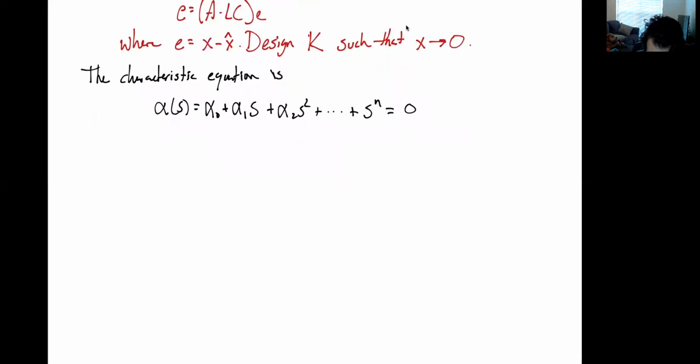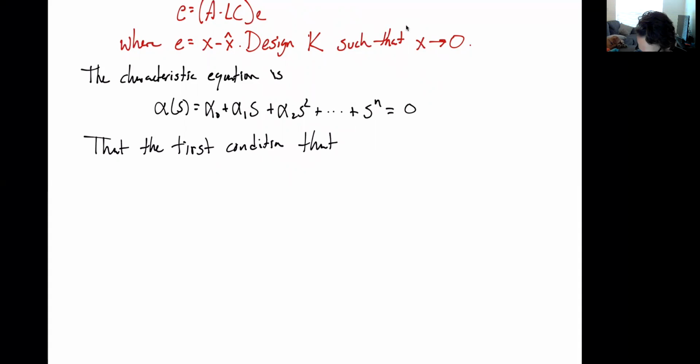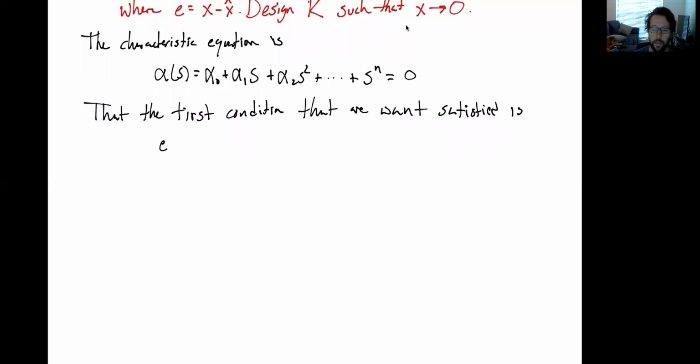And in general, the first condition that we want satisfied is that the state E, the error between our estimator and our state, converges to 0 faster than X converges to 0.